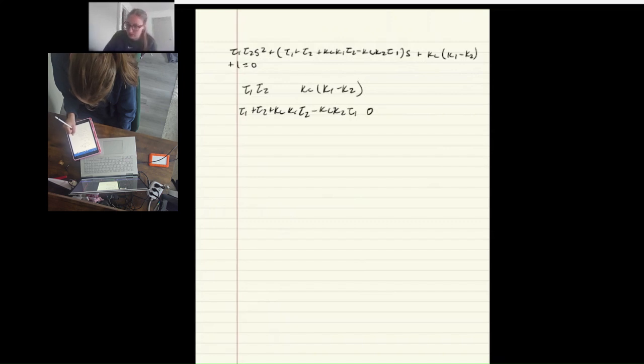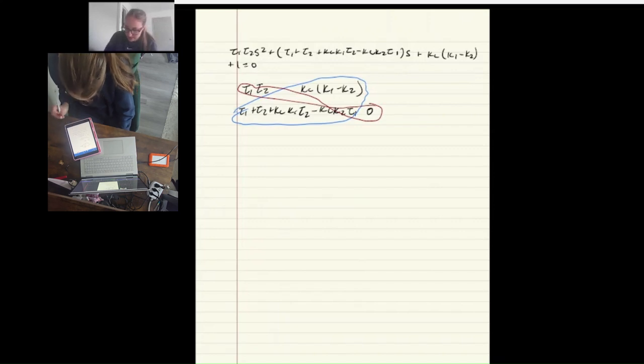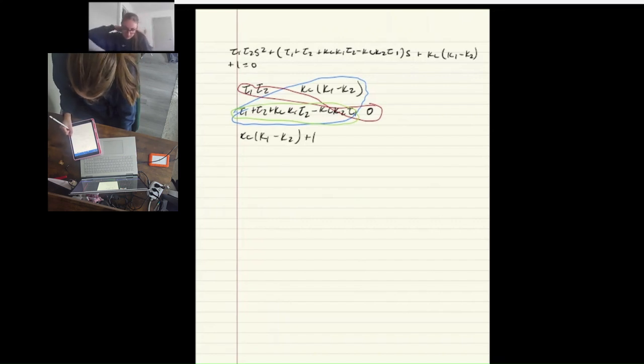So we're going to cross multiply these two first, and then this one over here, and then divide by this here. It's going to end up giving us Kc times K1 minus K2 plus 1, and then this will have 0 over here.